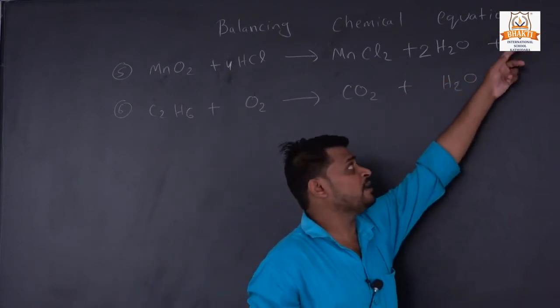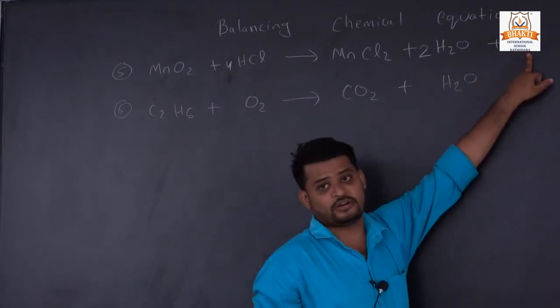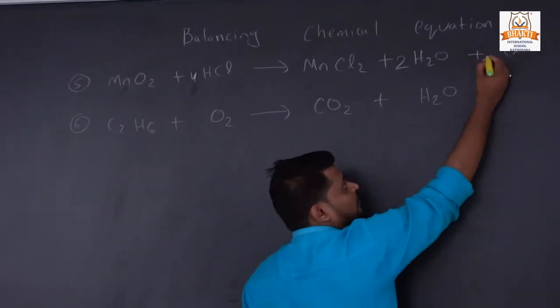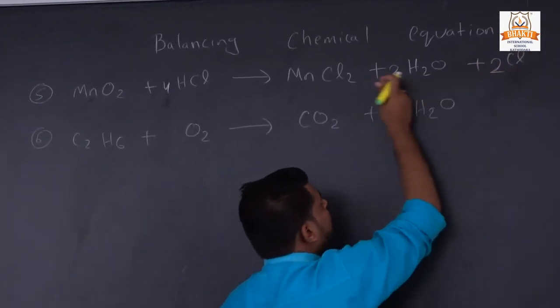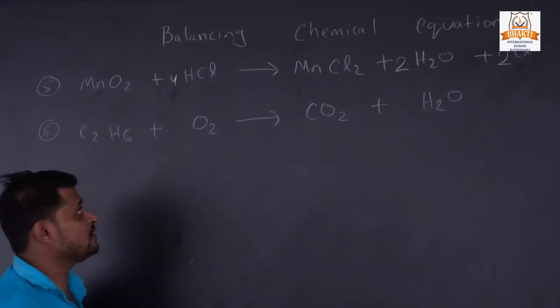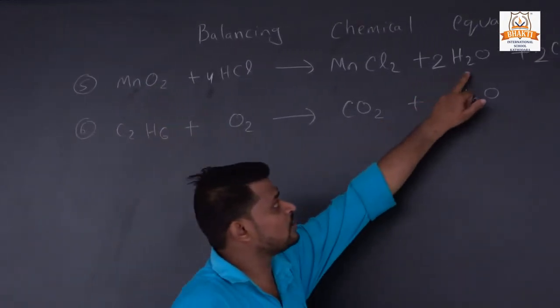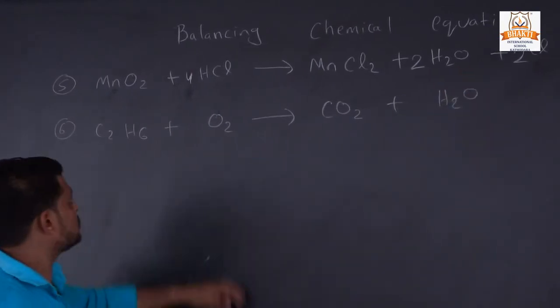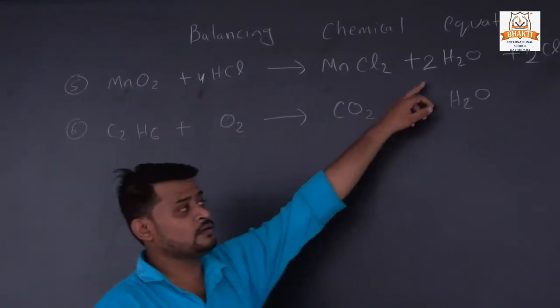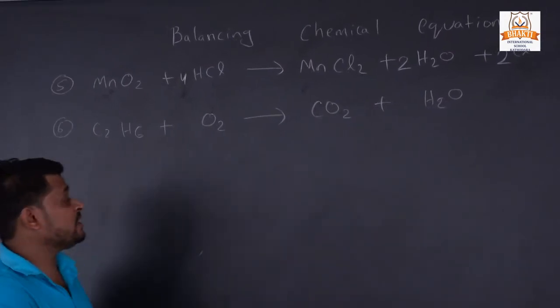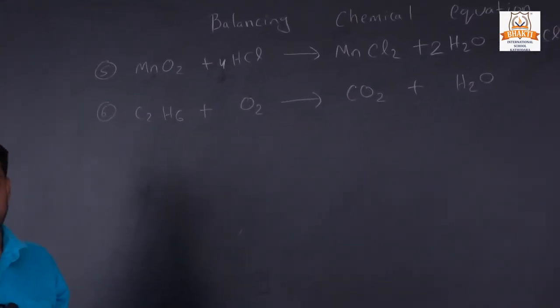So we will multiply here. Why? Because chlorine is alone. So multiply with 2. So it is 2 and 2, 4. So chlorine is also balanced. Then oxygen here 2 and here oxygen also 2. Hydrogen here 4 and here also 4. So this equation we easily balanced.